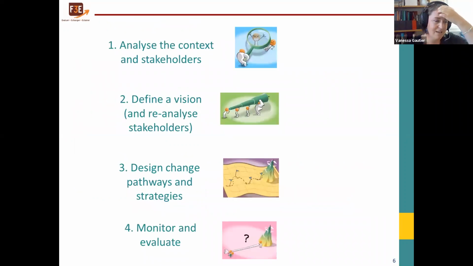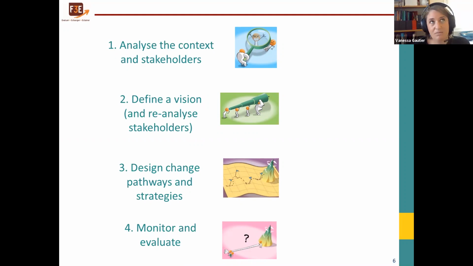So what it looks like, this is a simplified version. For the purpose of the presentation, I'll mention four main steps that are all supposed to be implemented by a collective of people. The first one is to analyze the context and the stakeholders. Who are the key stakeholders that have a role to play?